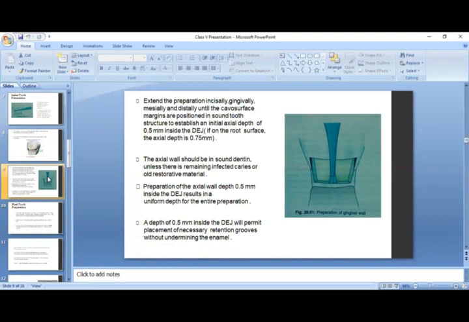Okay, any questions up till now? Okay, right, axial wall. This is the axial.